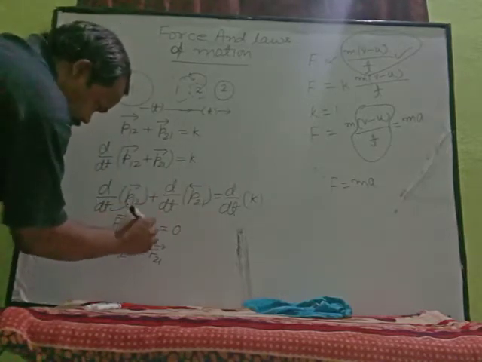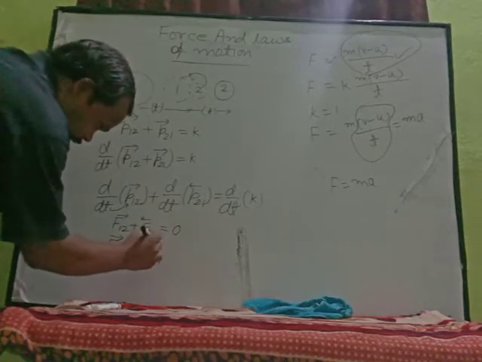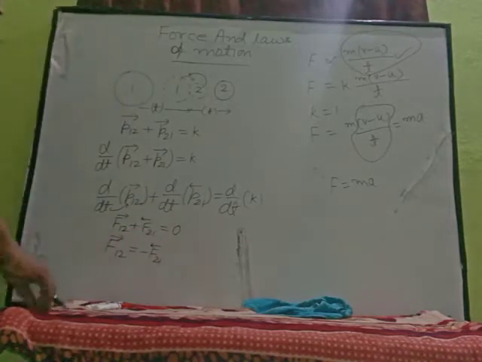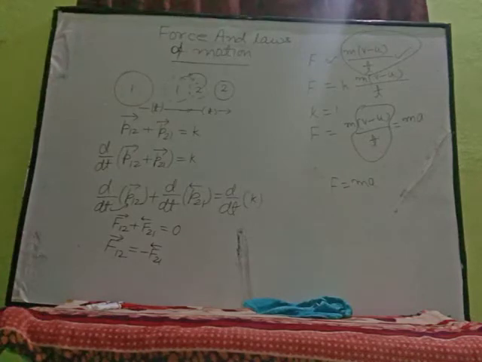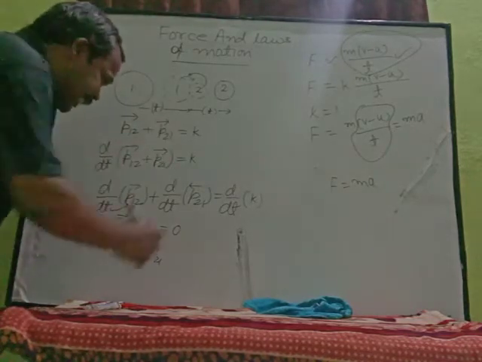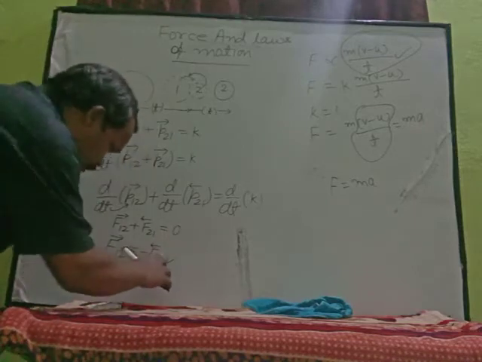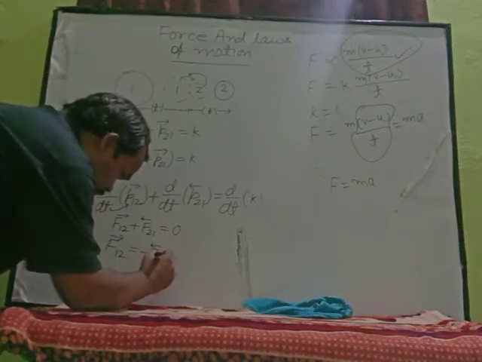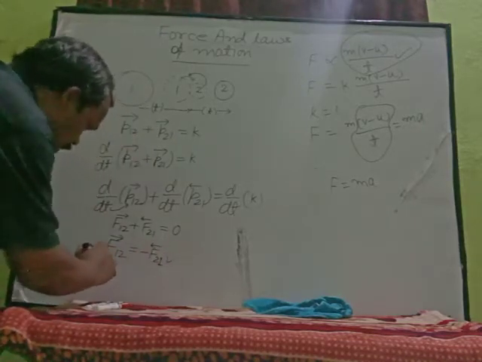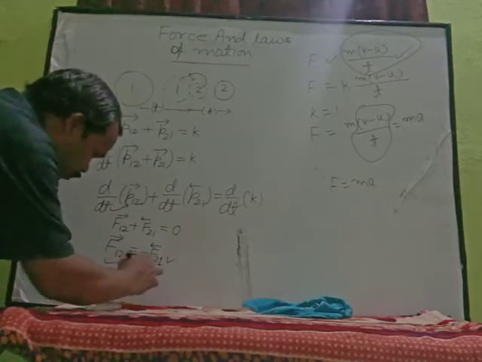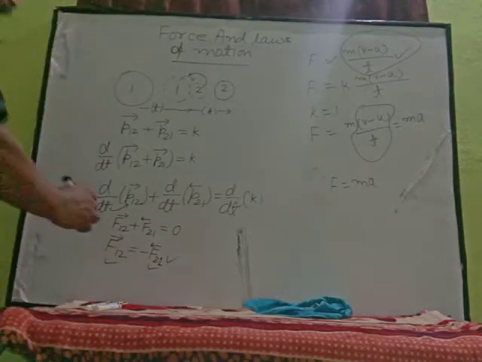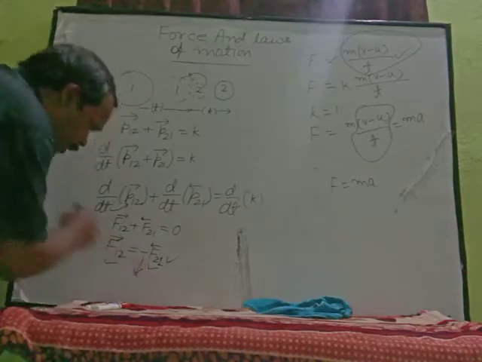So it is very important. Direction is very important in order to understand vector quantities. So from second law we have reached here: both forces are equal but opposite in sign.